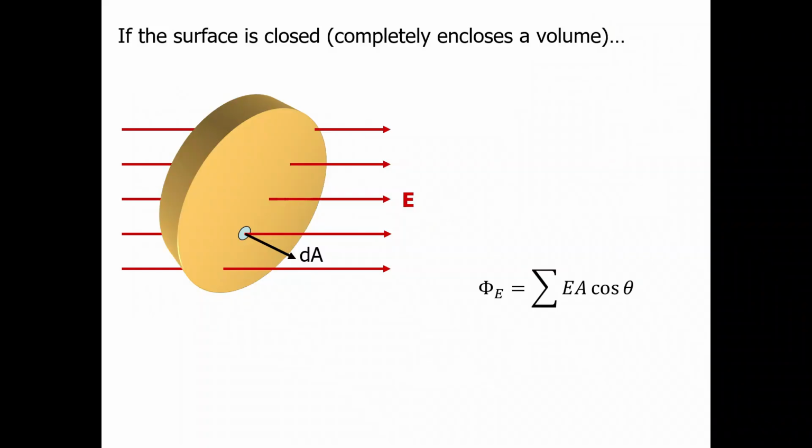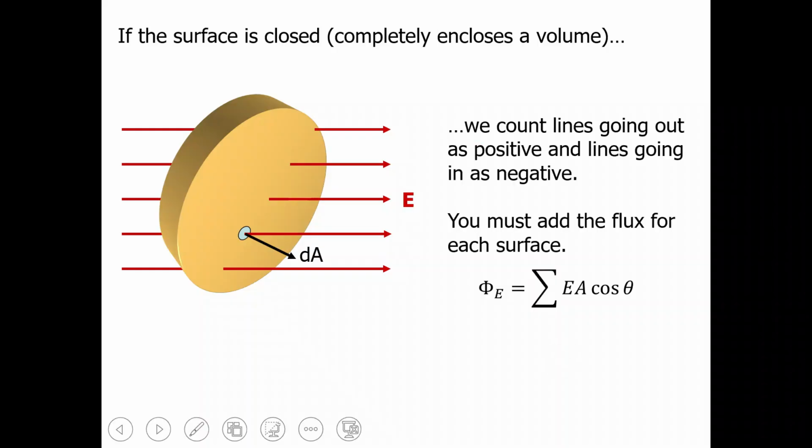Now, what happens if our surface actually has more than one face because it's a volume? Then what ends up happening, oh, this is a little out of order, is that we need to count up every surface. So you would do this with calculus, is really what it would do. You would take every little infinitesimally small piece of the surface and you would find the flux through each tiny piece.